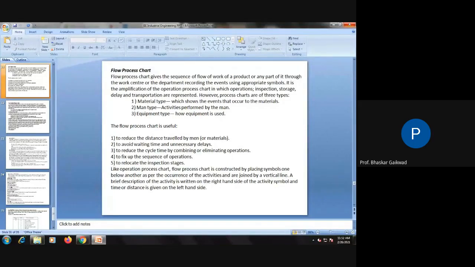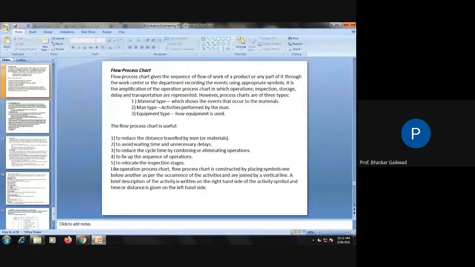This is an activity; transportation is there. So while making this flow process chart, you have to take paper, and on that paper, on the left side, distance and time. After that, symbols, and after that, the activity, just like our operation procedure. And do the study for this.